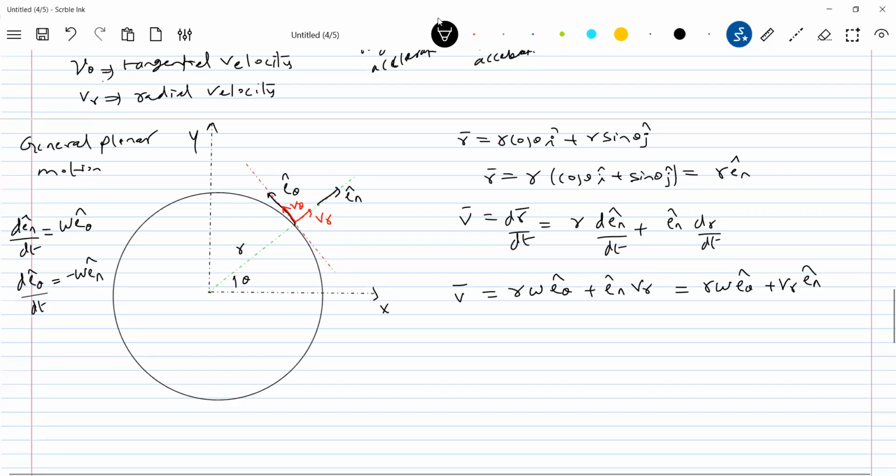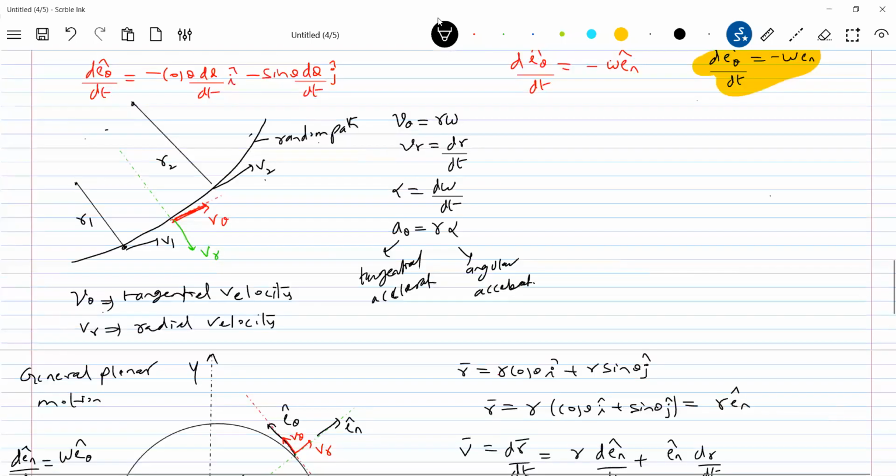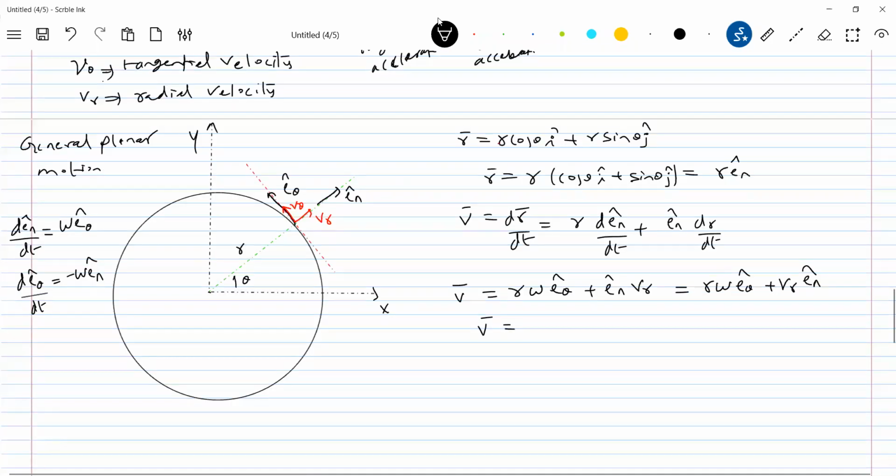So there's one equation: we got V bar. Let's define things clearly. What is R omega? R omega, just now we wrote, is V theta, the tangential velocity. I'm indicating the diagram: V theta equals r omega.